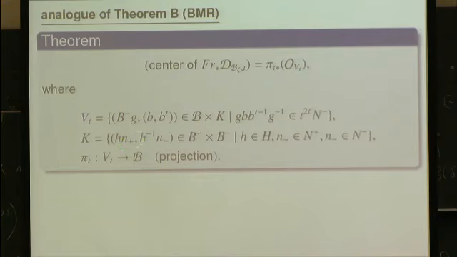In fact, K consists of pairs of elements in B plus times B minus, whose Cartan part, torus part, are inverse to each other. This is the subgroup K. And so this K plays the role of the dual of the Lie algebra in this situation. The dual of the Lie algebra is replaced by some algebraic group K.